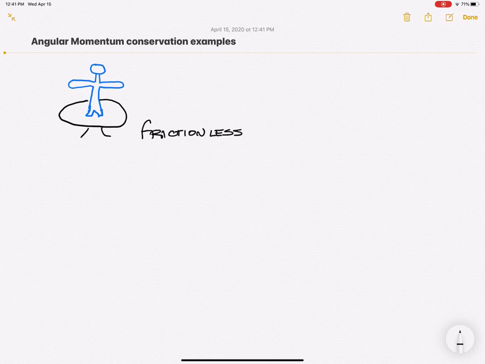And we're going to put masses on the ends of their hands.